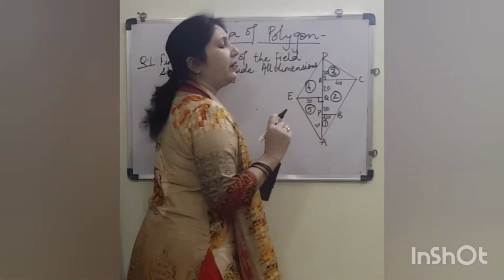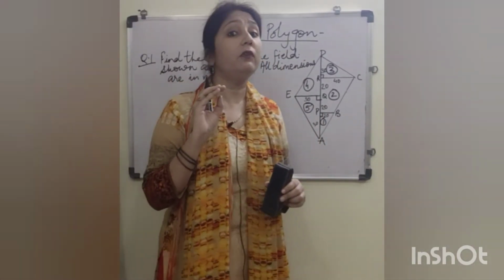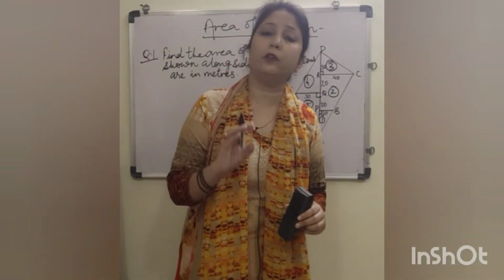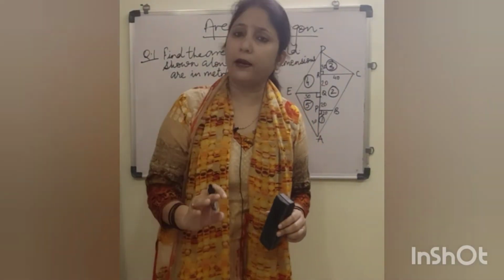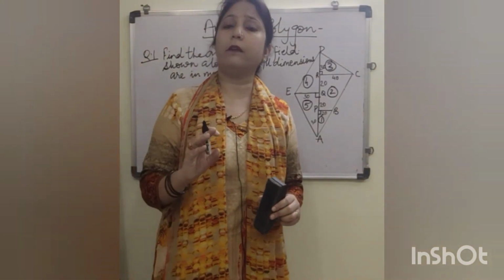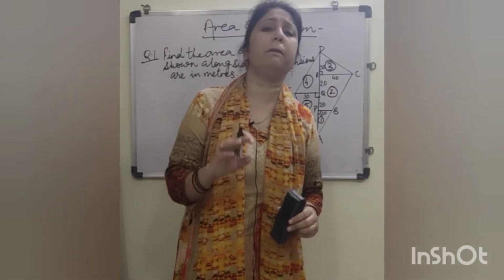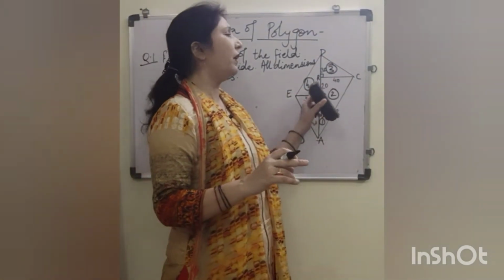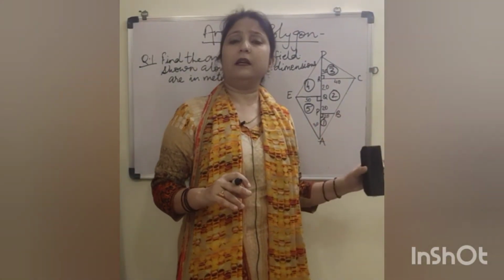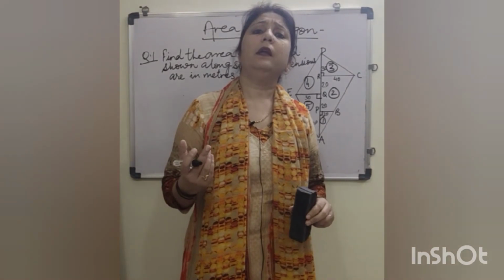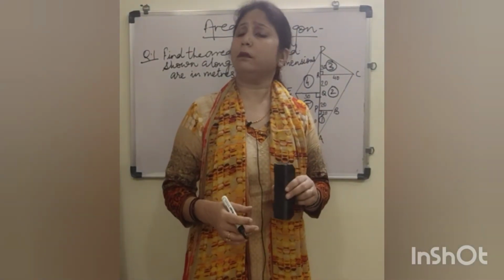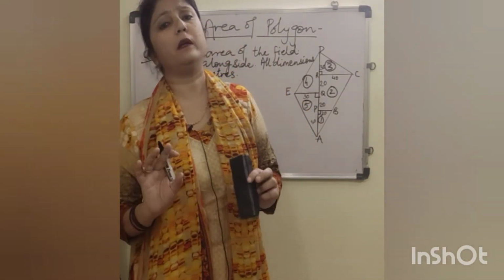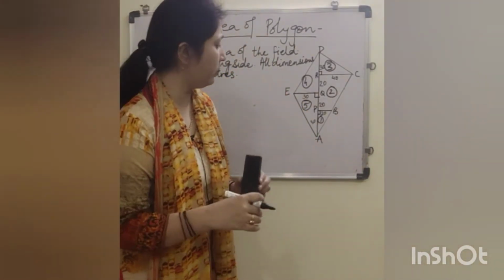You have divided it into 5 2D shapes for which you have formulas with you. You have the formula for the area of a right triangle, and the formula for the area of a trapezium. So you can easily calculate the area of these 5 figures, and later on we add up all those 5 areas, and that will be the area of this pentagonal field. Let's begin with the question now.